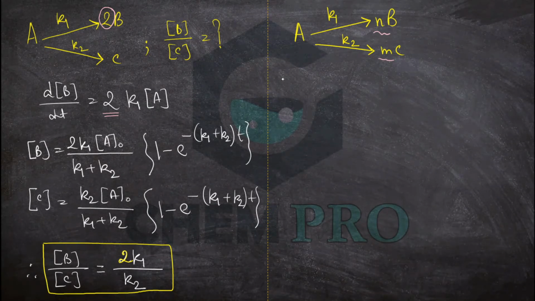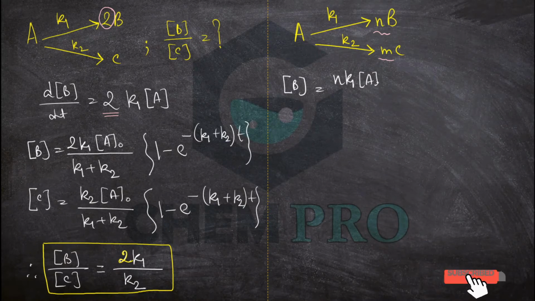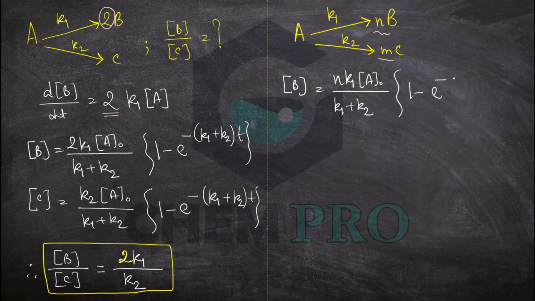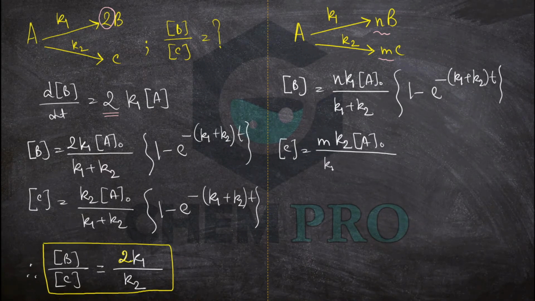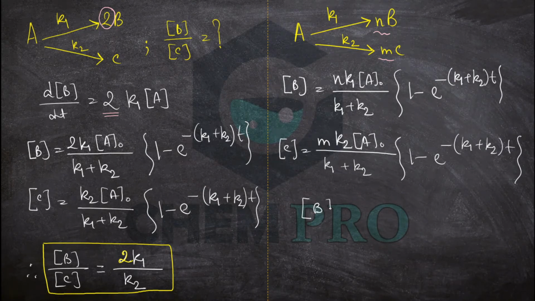So for that we write the concentration of B as n K1 into A0 by K1 plus K2, into 1 minus e to the power minus K1 plus K2 into T, and the concentration of C will be, since the coefficient is m, m K2 into A0 by K1 plus K2, into 1 minus e to the power minus K1 plus K2 into T. So from this we can write the concentration of B over the concentration of C as n K1 by m K2.